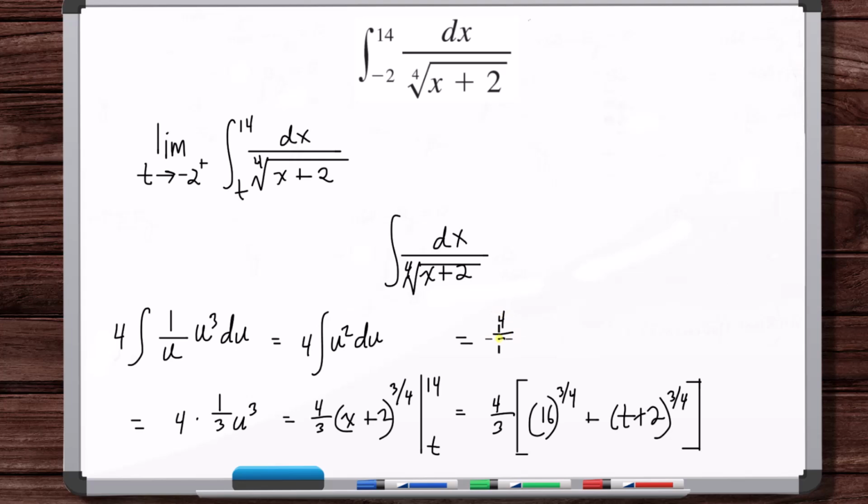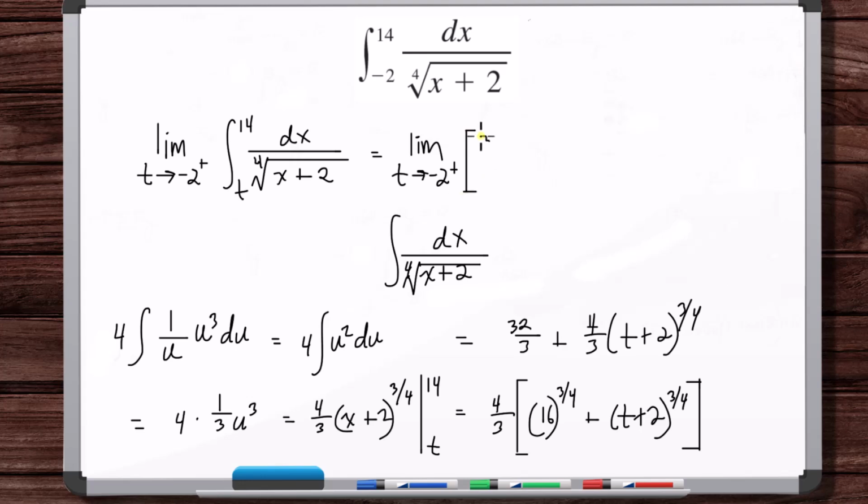So 4/3 times 8, that's 32 over 3, plus 4/3.